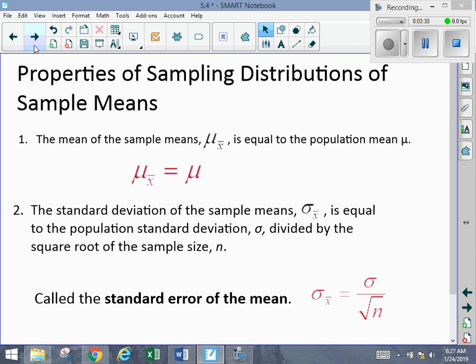It turns out that with that whole how many hours do you study question, if I was able to get data from every single student at Cleveland High School, and I got the mean of all of that, it's actually going to be the same as the mean of my sampling distribution, the mean of all of the means that I got.